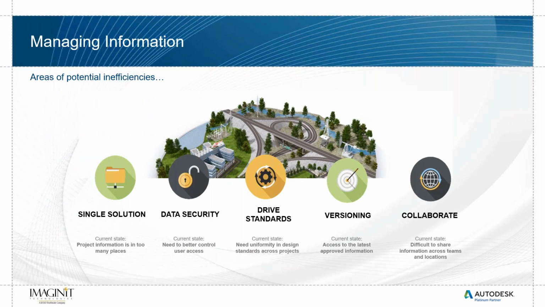When we think about managing information, there are about 5 different areas that we've identified as potential places for inefficiency. As you can see them on the screen, most of them align into one of these buckets, if you will. Number one, just having a single repository for the data. Think about your environment.